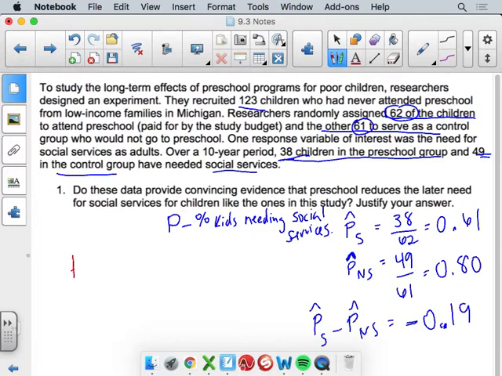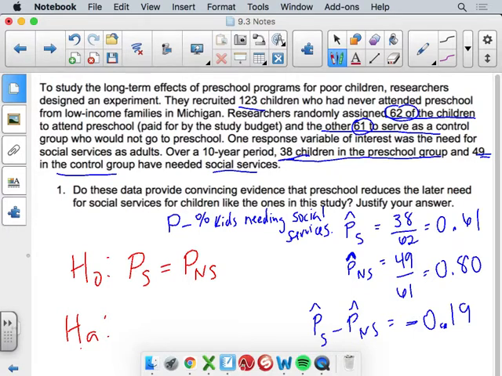All right. So what's our null? That they equal each other. The true proportion of kids who went to preschool equals the true proportion of kids who didn't. So it's not p hat, it's p, the actual number.